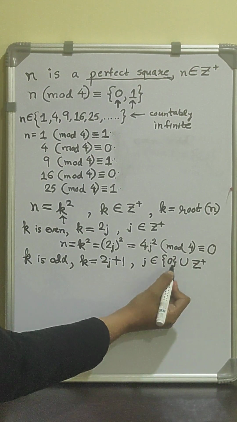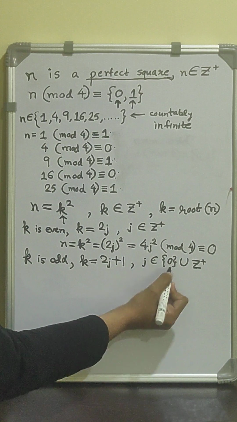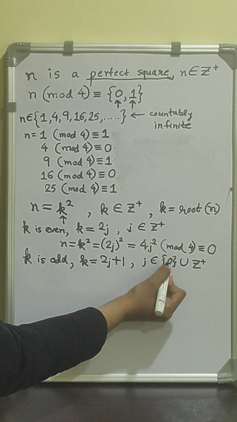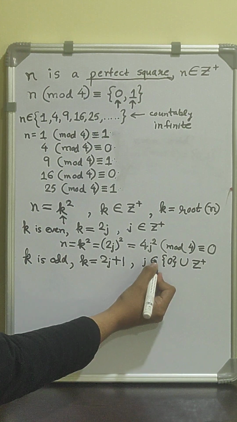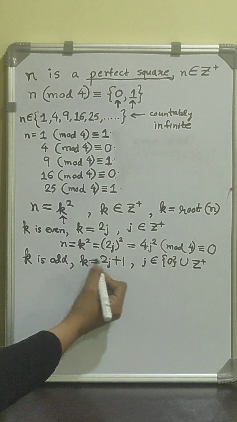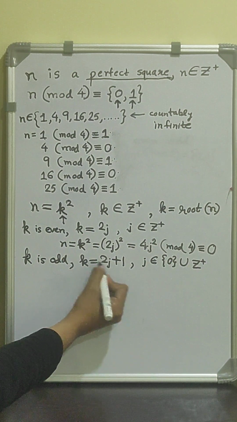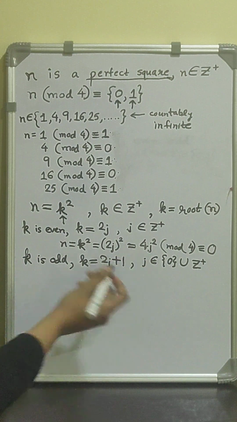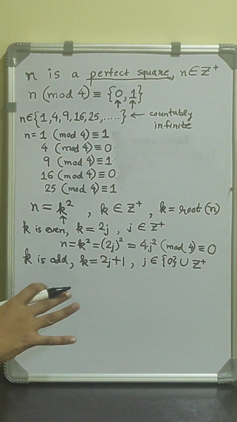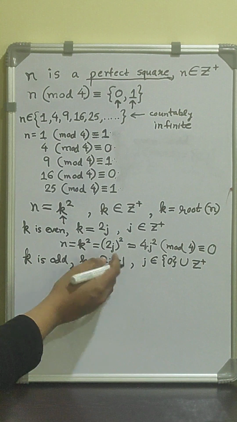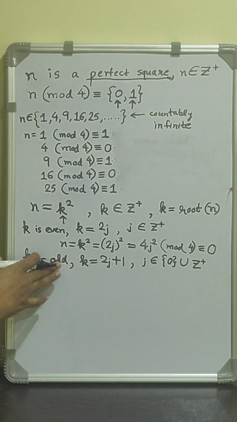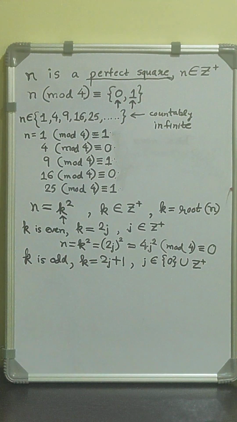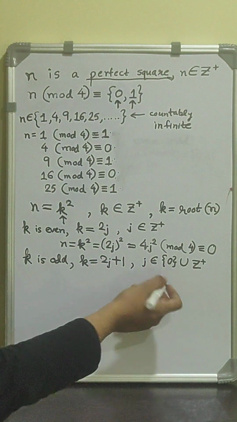Not only positive integers, 0 is not a positive integer, but I have to consider the case where j can be 0, because I need j to be 0 when k equals 1. Although 1 is neither even nor odd technically, in this case I'll group 1 into, I'll call it an odd number just to simplify things, and simply because 1 mod 2 will be 1.